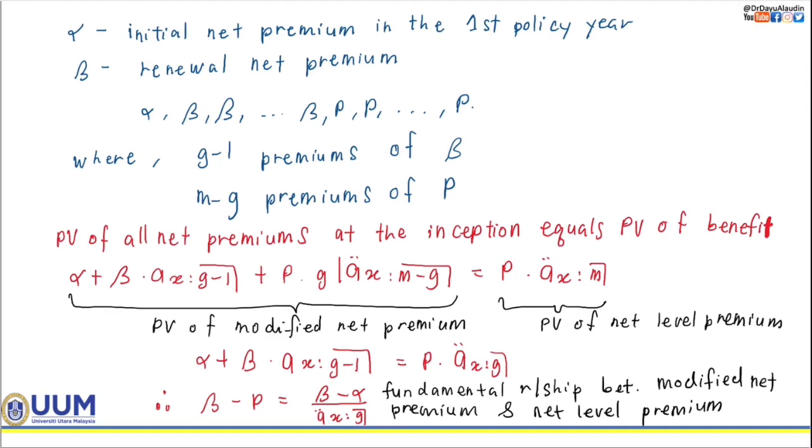Alpha is the initial net premium in the first policy year, and the renewal net premium, the premium after the first year, we denote as beta.